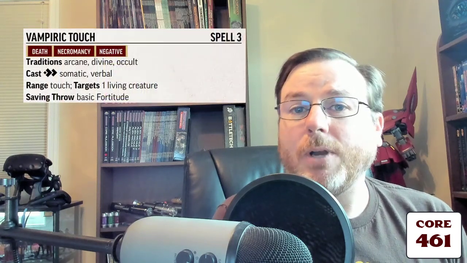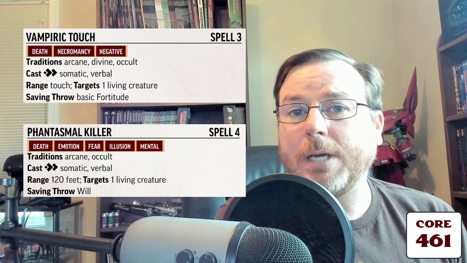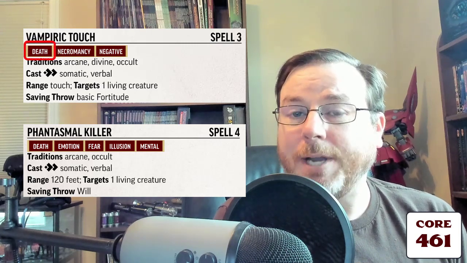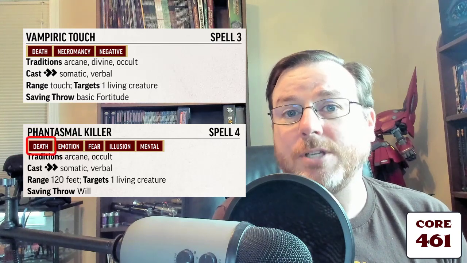But there are a couple of exceptions that do come up in the mid-range of games, and 2 spells in particular you should probably be aware of, and those are Vampiric Touch and Phantasmal Killer. Vampiric Touch is a 3rd level spell, and it does have the death trait, and Phantasmal Killer is a 4th level spell that also has the death trait.